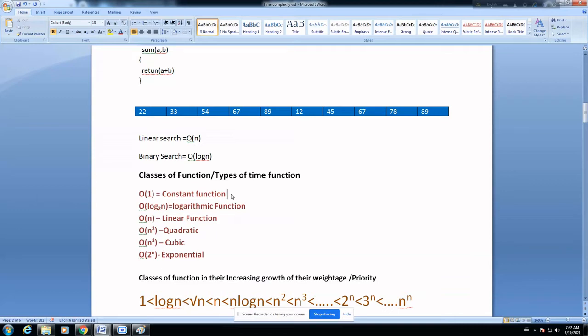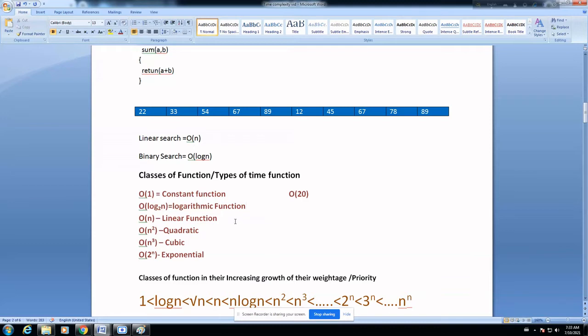Now this one is O(1). It's called a constant function. Not only that, instead of O(1), if it is O(20) or O(100), anything, all are constant functions. Next function is known as O(log n) base 2. This one is known as the logarithmic function.